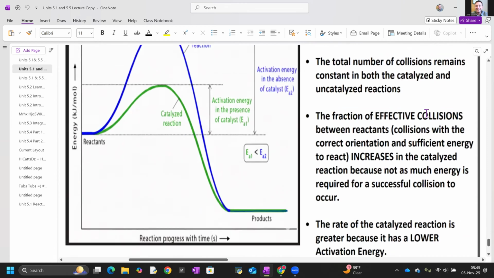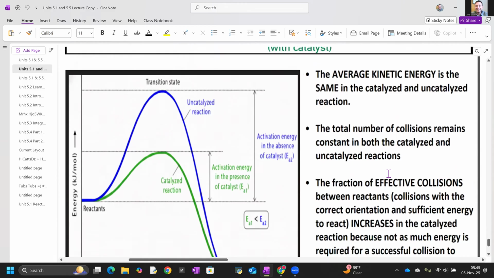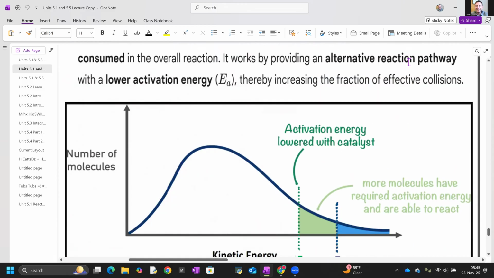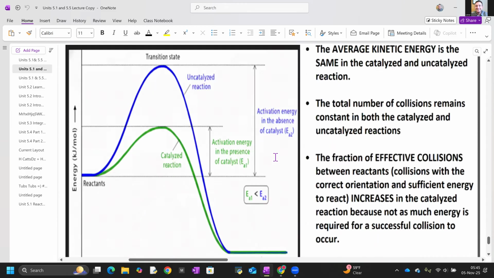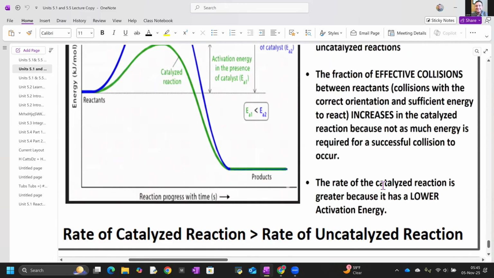But we see the fraction of effective collisions between reactants increases in the catalyzed reaction because not as much energy is required for a successful collision to occur. It creates an alternative, this is a great one, an alternative reaction pathway that lowers the energy of activation. All right, and then the rate of the catalyzed reaction is greater because it has a lower activation energy.